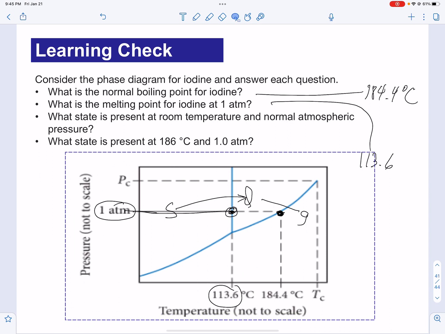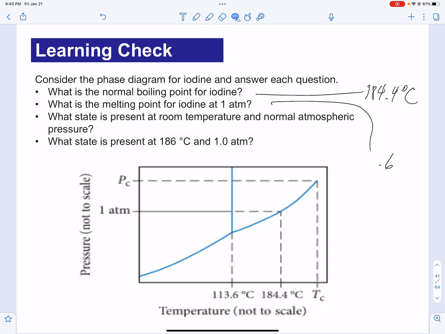So normal atmospheric pressure, once more, is 1 atmosphere. It's asking for that pressure and room temperature. Room temperature is around 25 degrees Celsius. So this would be 100, I would say this is close to 50, approximate, so this would be around 25.